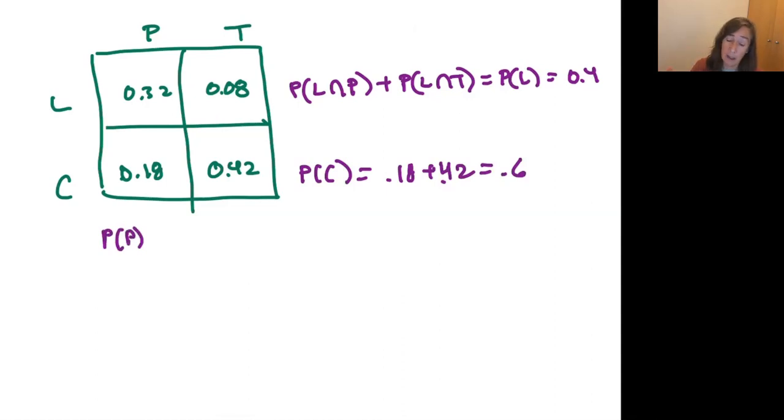Two ways to be progressive: progressive and liberal or progressive and conservative. Adding those up, 0.32 and 0.18 is 0.5. And the probability of being traditional, again, we add up traditional and liberal, and traditional and conservative, that is 0.5.